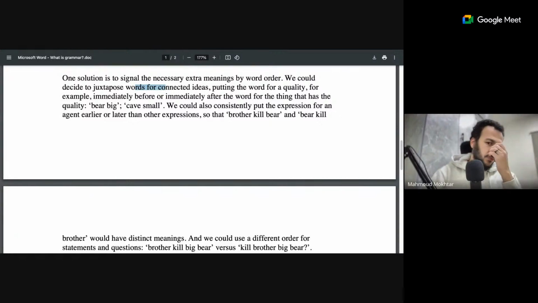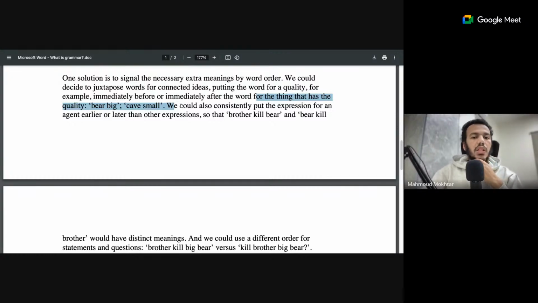To juxtapose words for connected ideas, for example, putting the word for a quality immediately before or immediately after the word for the thing that has the quality: bear big, cave small.